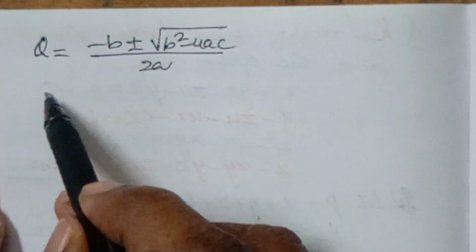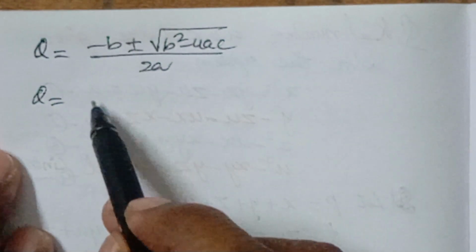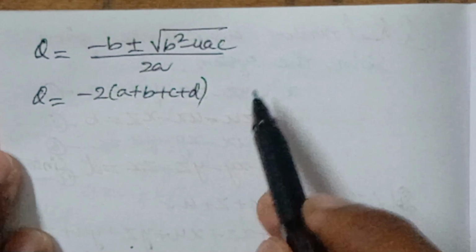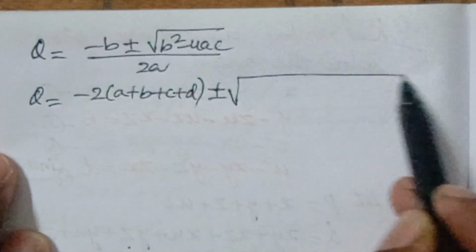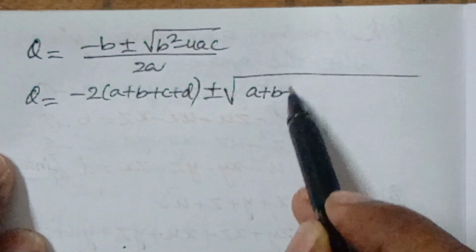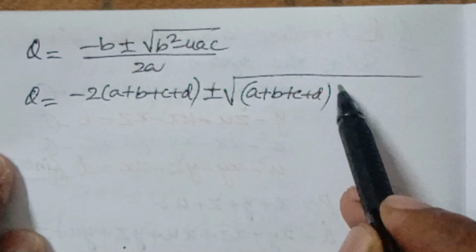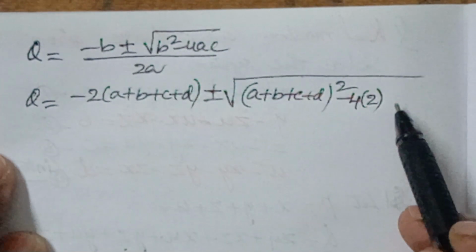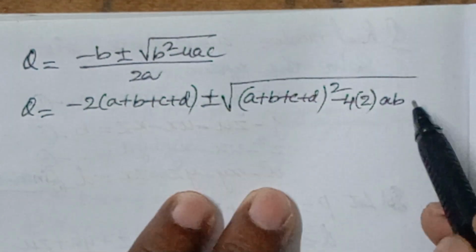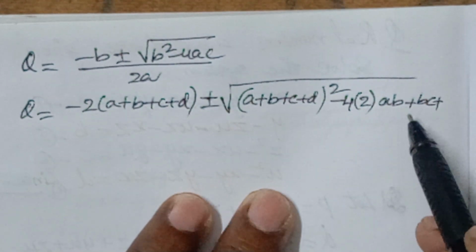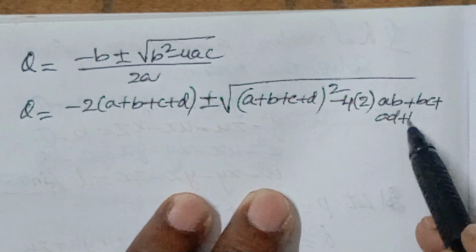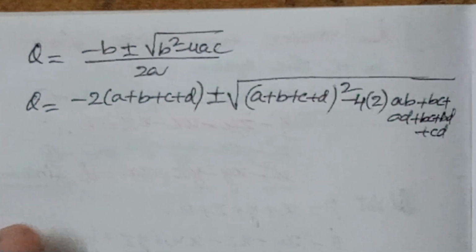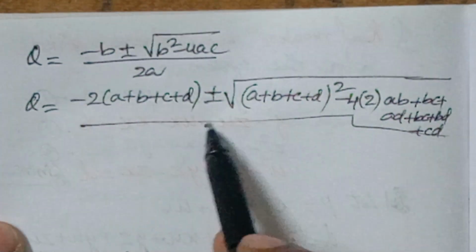So here the q value is (−2(a plus b plus c plus d) plus or minus the root of (2(a plus b plus c plus d)) squared minus 4 times 2 times (ab plus bc plus ad plus bc plus bd plus cd)) by 2 times 2.